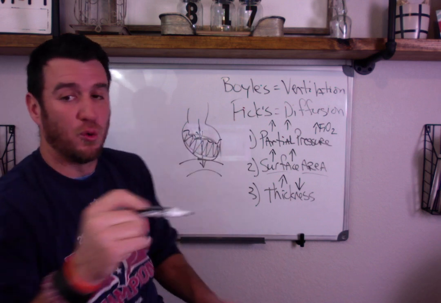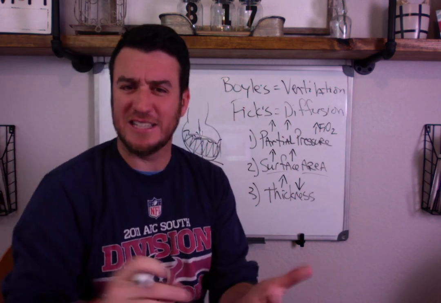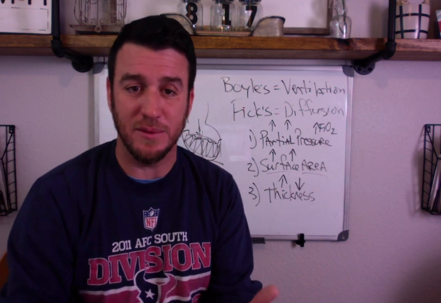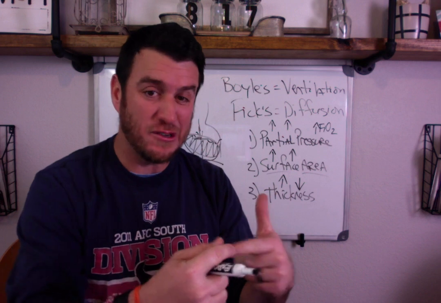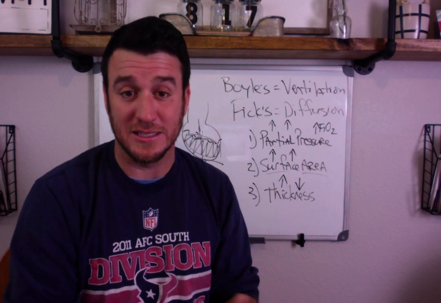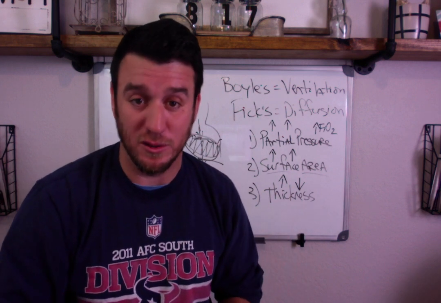This thickness reduces diffusion. So I said pneumonia, but it could also be pulmonary edema, ARDS, lots of different disease processes that increase the AC membrane thickness. Diffusion goes down in those cases.